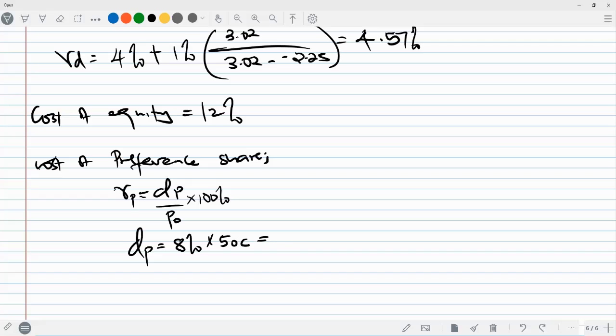Therefore, the company is paying 4 cents as a dividend. The market value is 67 cents. Therefore, the cost of preference shares will be equal to 4 cents divided by the market value, which is 67 cents, and we express this as a percent. This will give you how much?